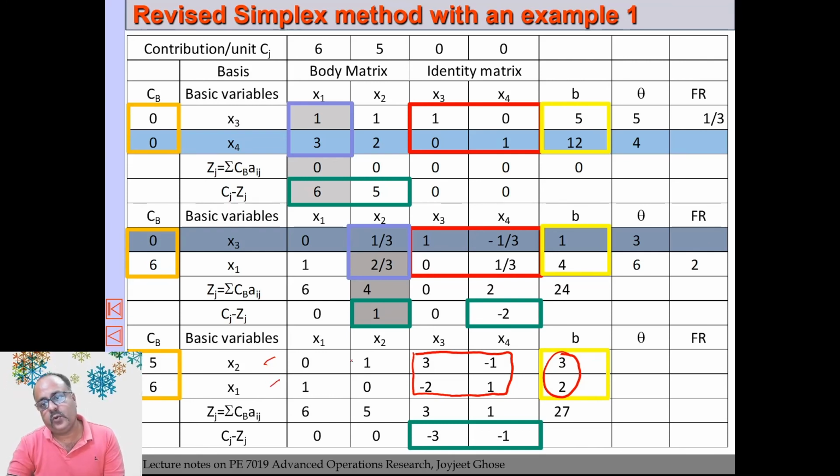So you can see both are matching. The only difference is that we are doing it in a different manner, and we will get C3 minus Z3 as minus 3 and C4 minus Z4 as minus 1, and therefore this will be the optimal solution.